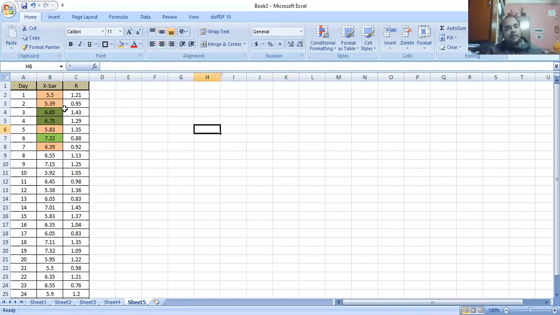So in this way you can mark which particular values are below the limit, which are above the limit, and which are within the limit.